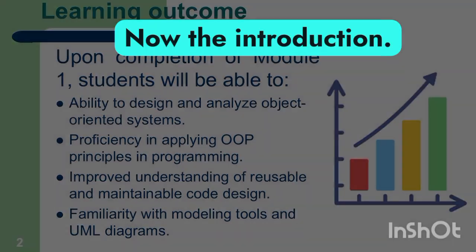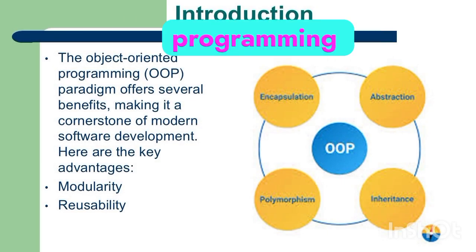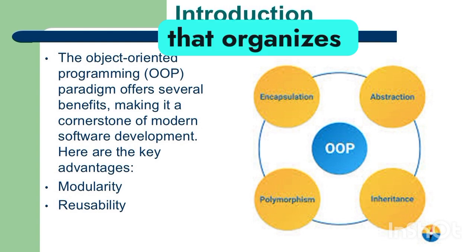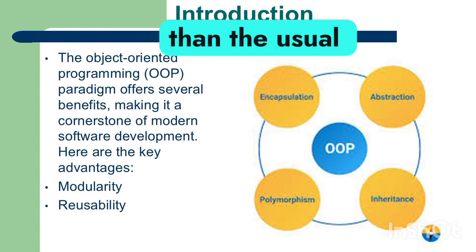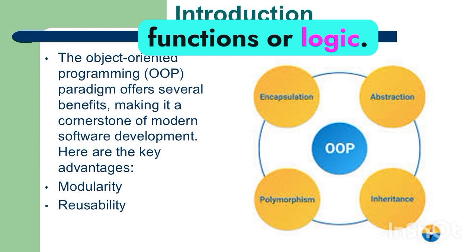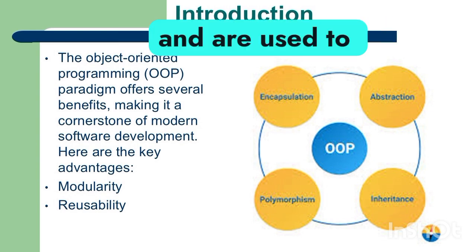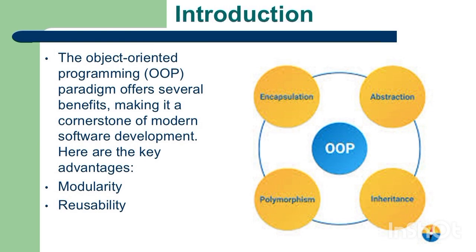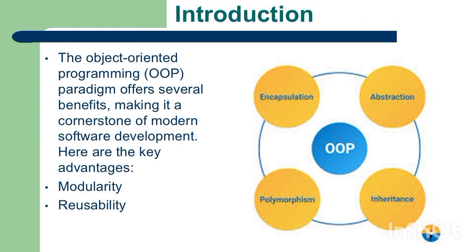Now the introduction. Object-oriented programming is the programming paradigm that organizes software design around objects rather than the usual functions or logic. These objects represent real-world entities and are used to model and solve problems in a structured and reusable manner.